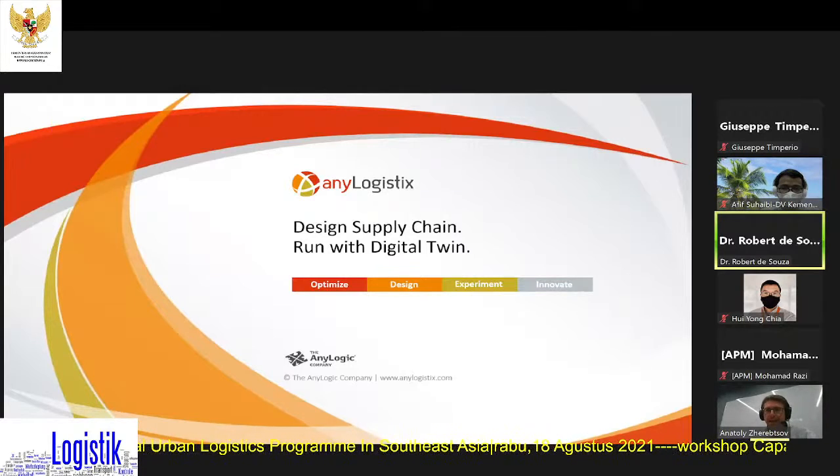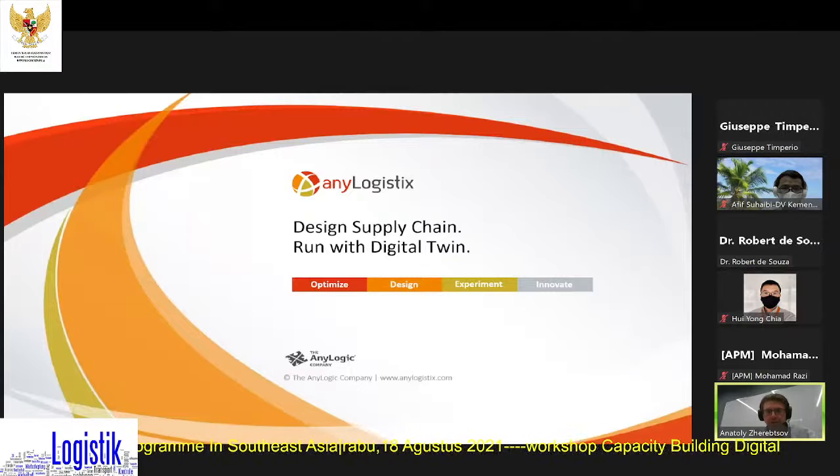Today I'd like to talk about network optimization with Anylogistix, and then about master planning. I prepared several simple scenarios to demonstrate.